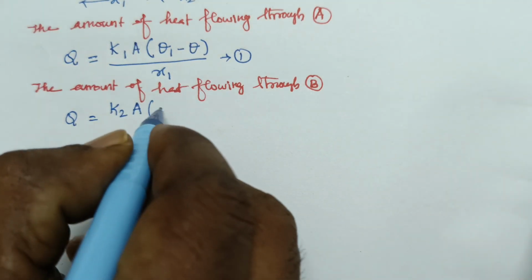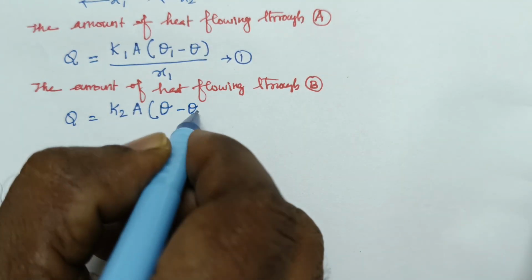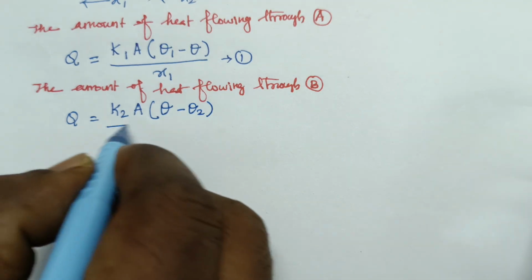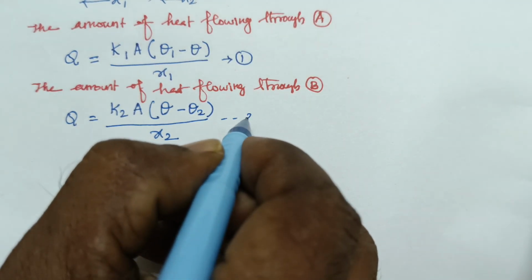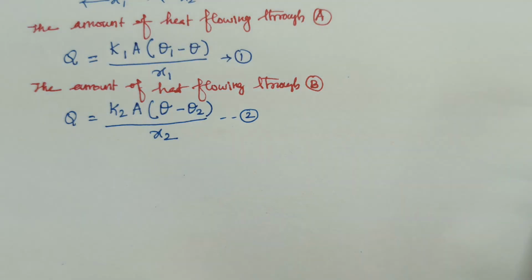So you can write theta minus theta 2, then the distance is x2. So this is equation number 2.